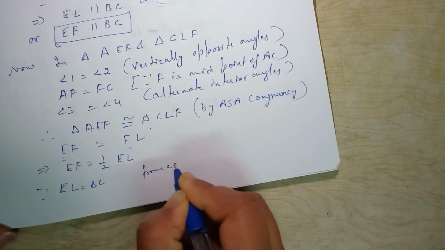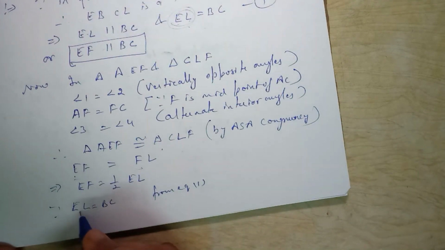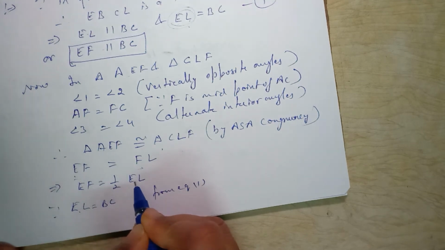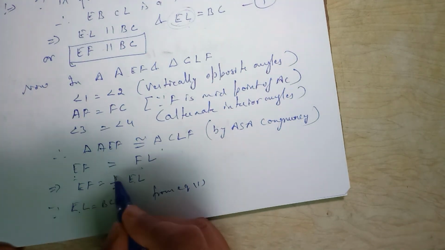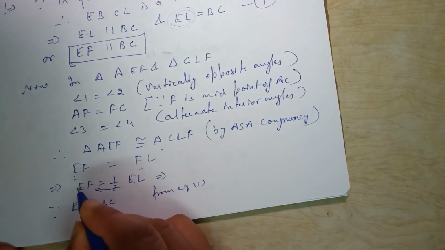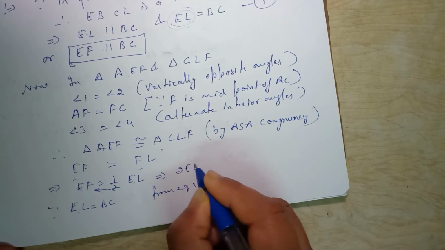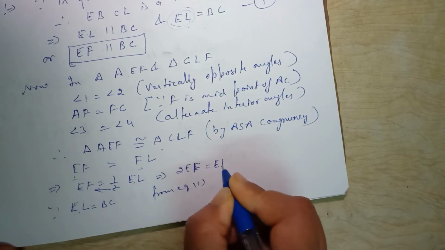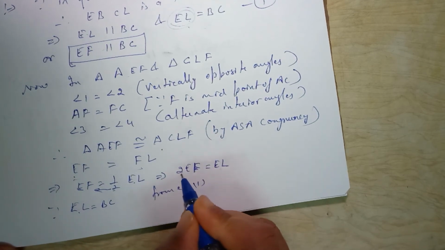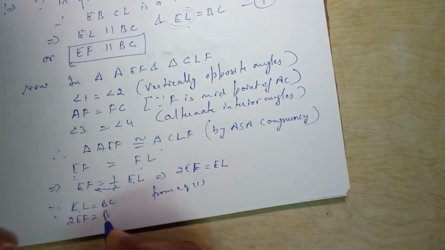From equation first, in place of EL, what can we write? EF is equal to half of EL. So this implies that we can take 2 to the other side: 2EF equal to EL. We can write EL is equal to twice of EF. So in place of this we can write twice of EF equal to BC.